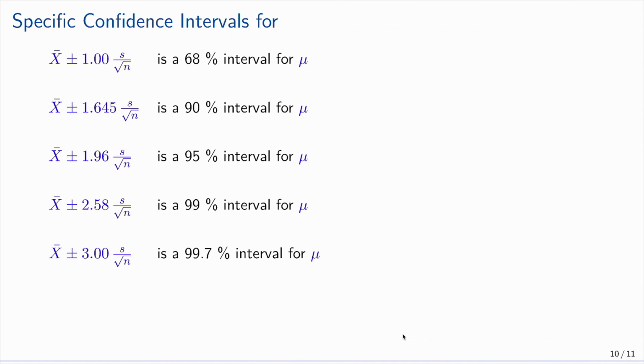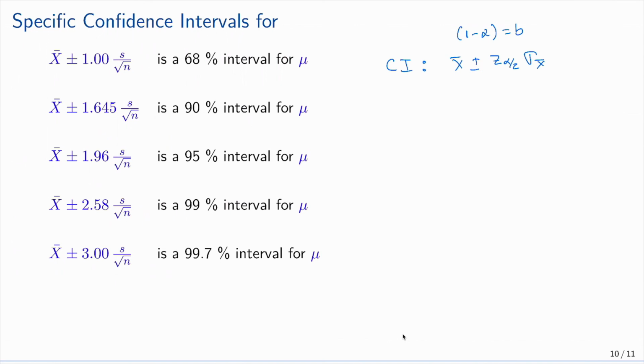Let's summarize what we found so far. We need to define a confidence interval for a given fraction, the 1 minus alpha fraction, that I also call B, and the confidence interval is defined by x bar plus or minus z of alpha over 2 multiplied by sigma of x bar, that's the standard deviation of x bar.